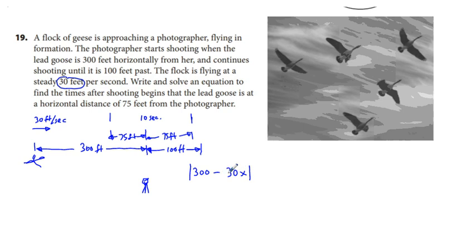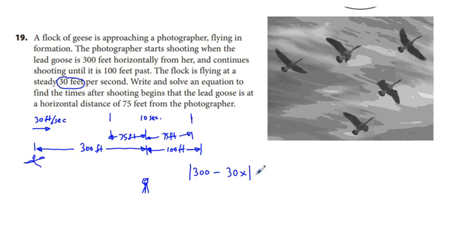So in this case, if x is 40, or x is 12 seconds, we can figure out that 300 minus 360, well, that'd be 60 feet away, but that'd be negative, but it'll make it positive. So either negative or positive, this expression covers the distance from the photographer given a certain time x.